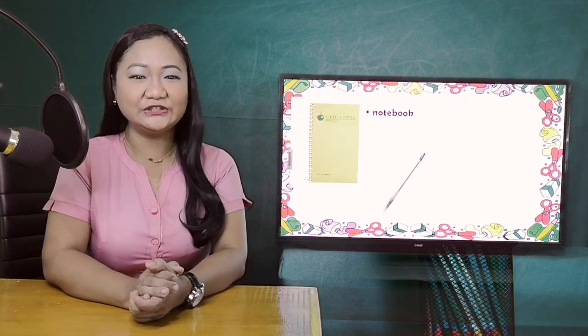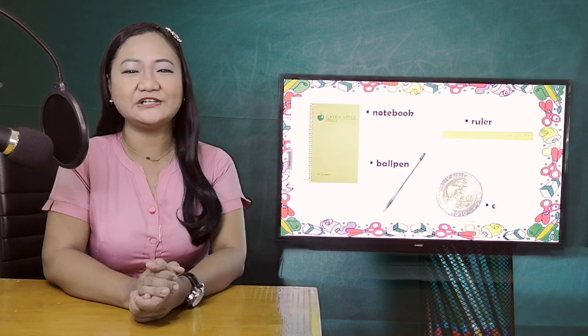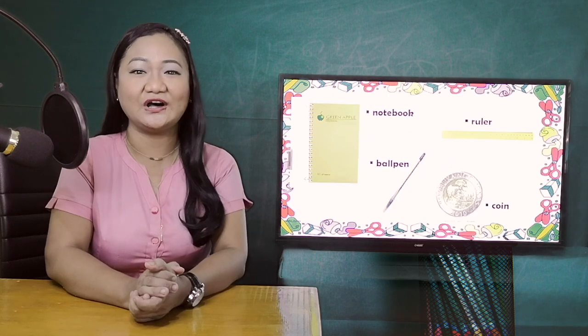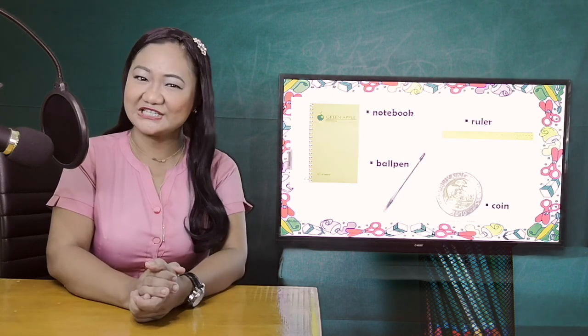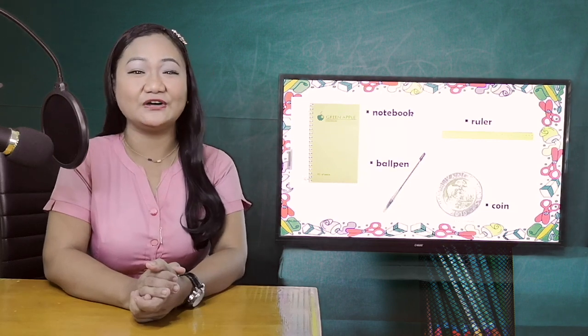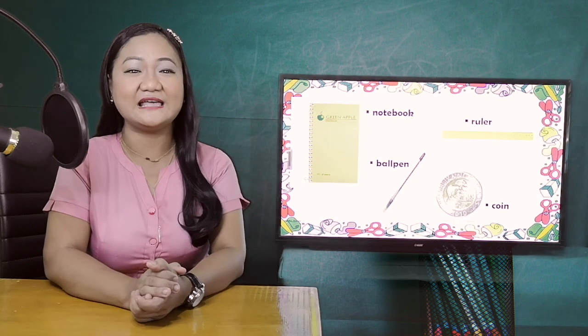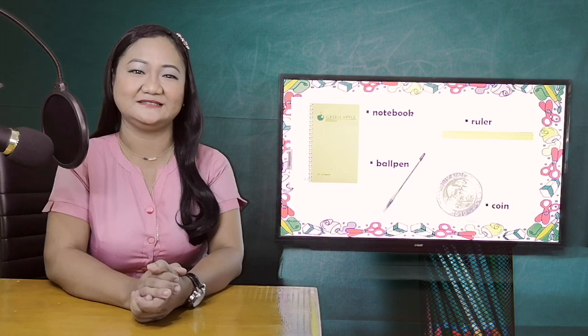I know you are excited for our lesson, so make sure you are prepared with the following: notebook, ball pen, ruler, and a coin or any circular object that you may use to draw a circle. During my discussion, I want you to take note of important things and participate in the activity that will be given later.